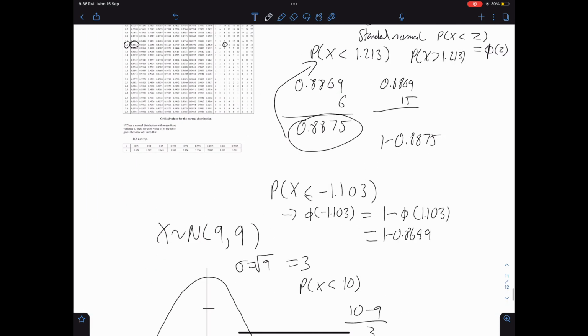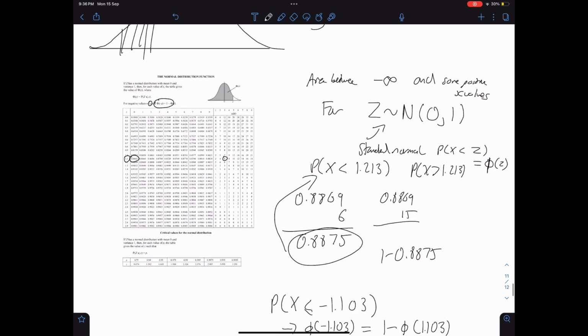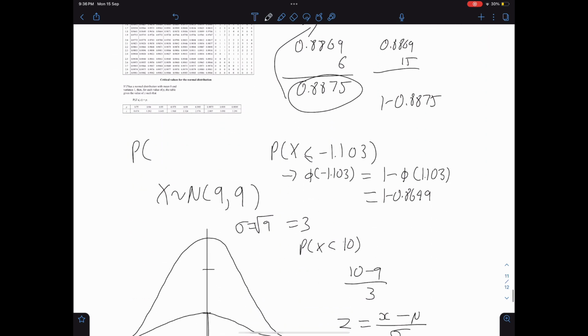And you need to do that. Additionally, what if you wanted to do P(negative 1.07 less than X less than 2.1)? Well, you would just do the probability of being less than 2.1 and subtract the probability of being less than negative 1.07. I think that's obvious, but what may not be obvious is this bad way of writing this.